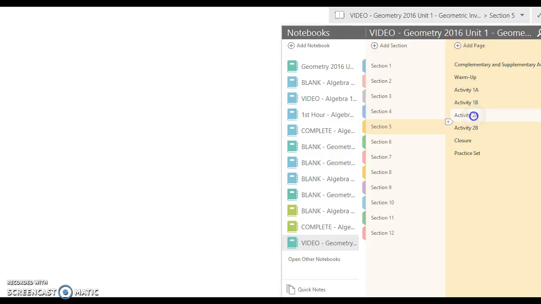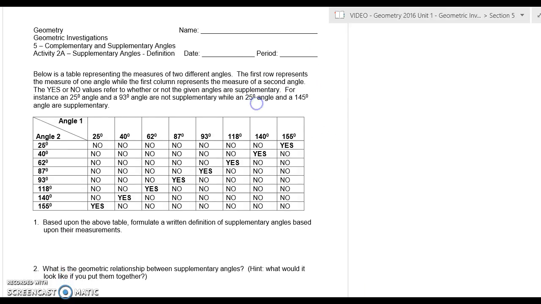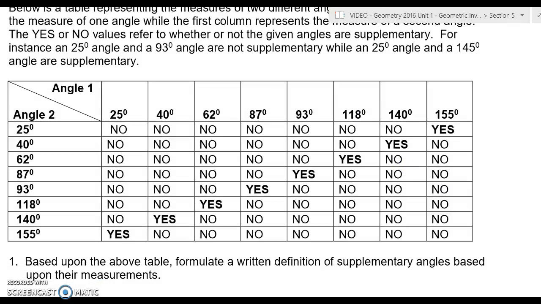Now, good news is that supplementary angles, it's really the same type of idea, but we're looking at a different number relationship than we had for the complementary angles. So again, we're looking at all these yeses here. And if we do a quick glance, let's pick a nice number, 40 and 140 together. That gives me 180 degrees. If I pick 155 and 25, that also gives me 180 degrees.